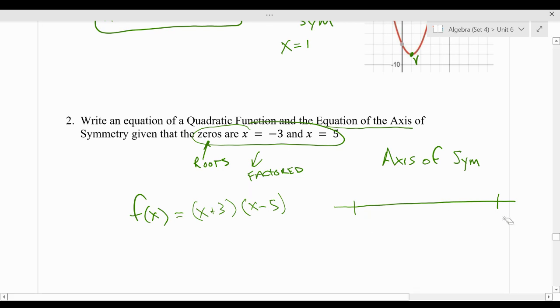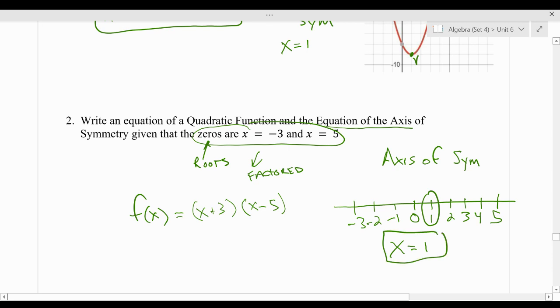Correction. You have to put what the zeros are. I'm sorry. So it's -3, +5. All right. So then you have -2, -1, 0, 1, 2, 3, 4. And you just take the middle number. So let's see here. What is the middle number? It looks like 1. So your value will be x equals 1, your axis of symmetry.